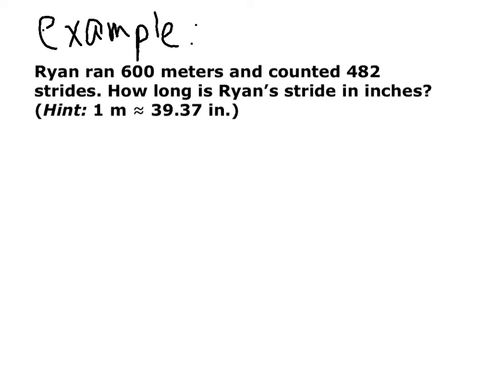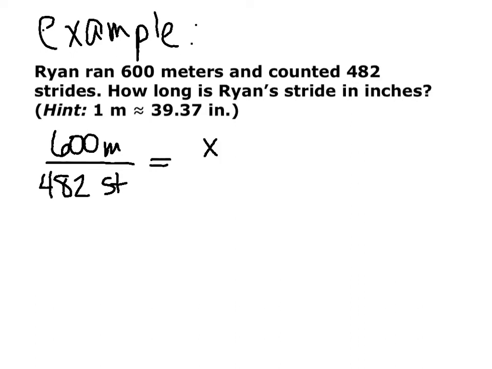Ryan ran 600 meters and counted 482 strides. So for 600 meters, he counted his steps and he got 482. How long is Ryan's stride in inches? So we need to set up our rate and then convert it from meters to inches. He has 600 meters per 482 strides. I'm going to abbreviate ST for strides.